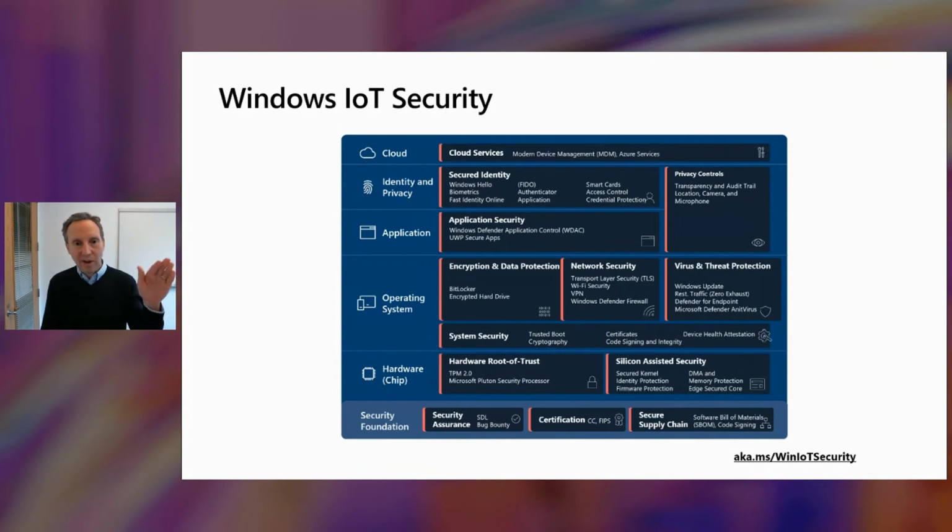And then, of course, going up the stack even more, there's application layer security. And then above that, you can have identity and privacy capabilities like biometric authentication, all kinds of access control and such. And then finally, all the way up in our cloud, a set of services that come from our cloud and that are used in the cloud.